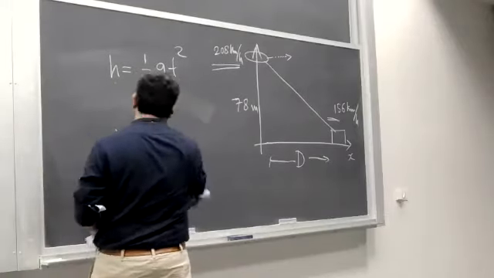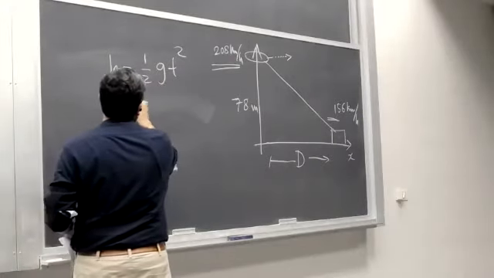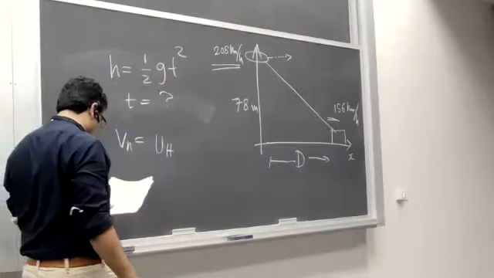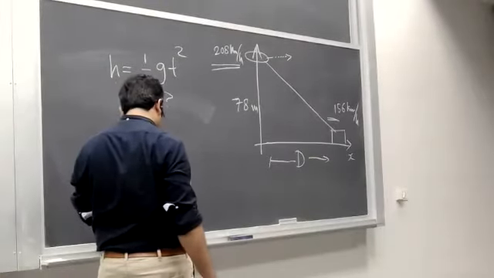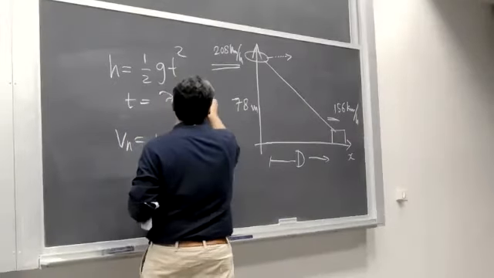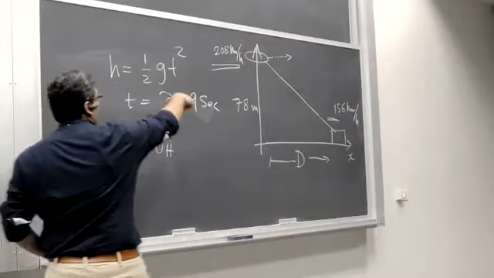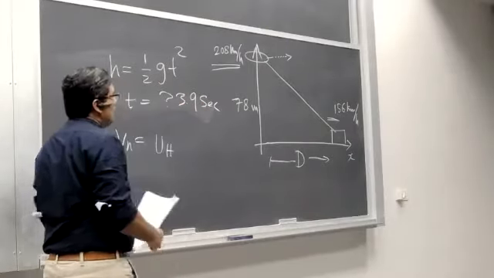The time is 3.997. Whatever it is, you'll figure that out. You'll figure out time, right? Or if somebody has figured it out, just give it to me. 3.99. 3.99 seconds. Okay.